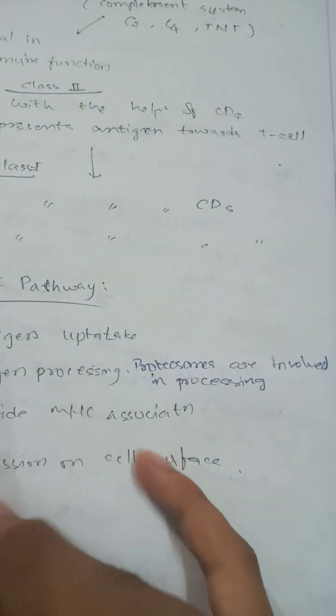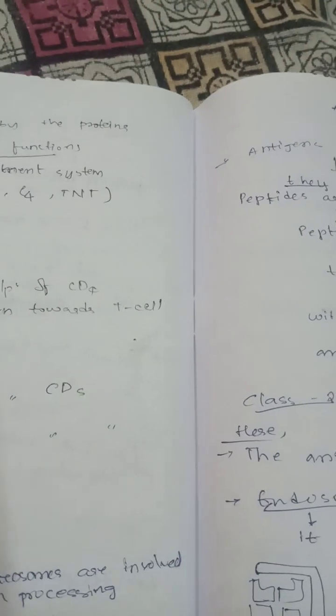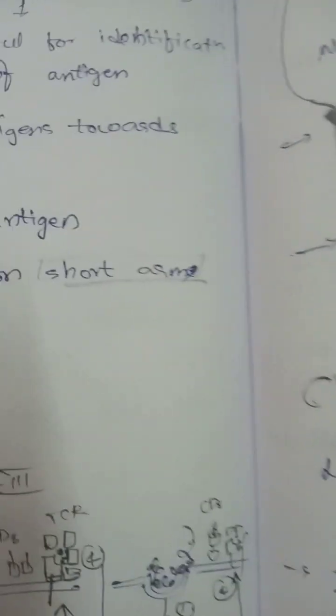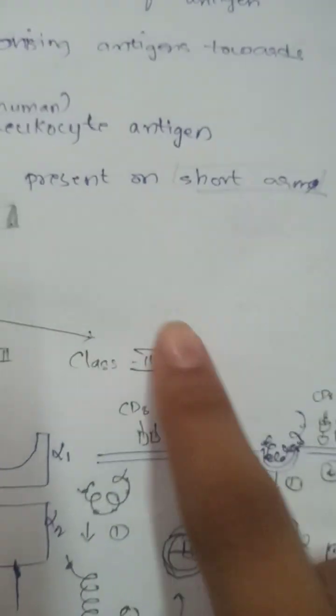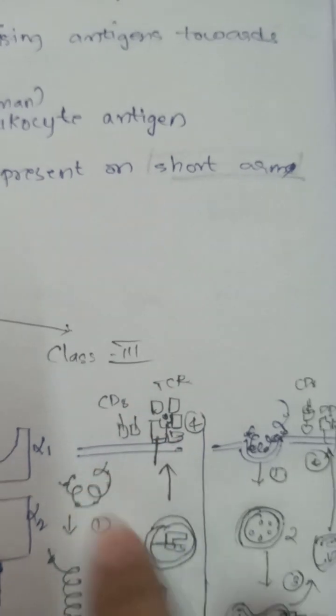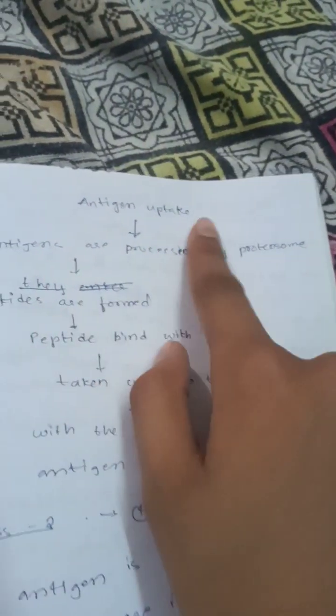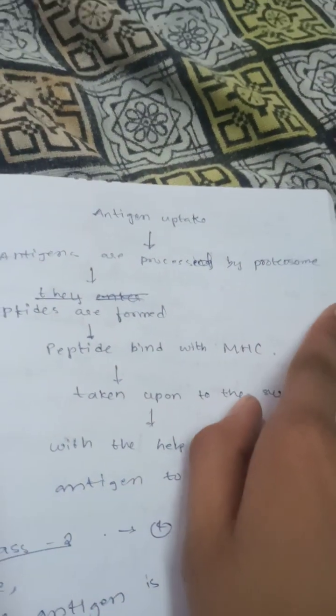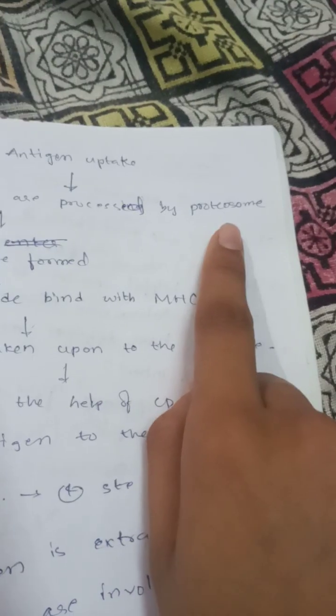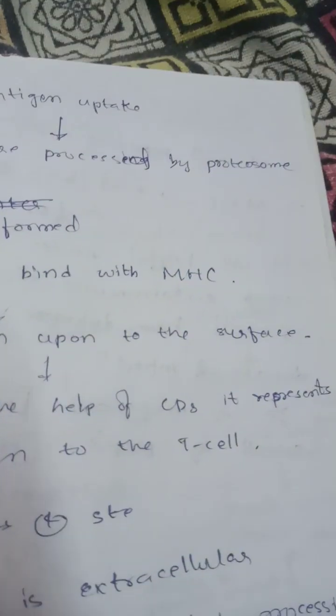Firstly, antigen uptake. Antigen uptake is nothing but uptaking the antigen. This is the first step. And the second step is that the uptaken antigen contains many complex structures, but from this antigen, proteasomes are produced.